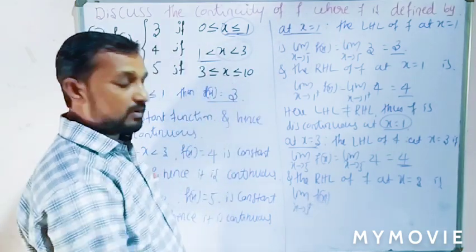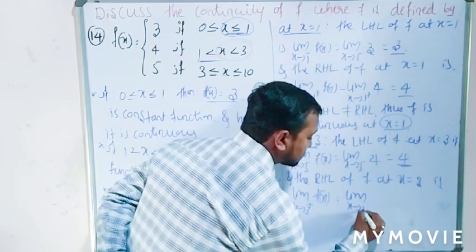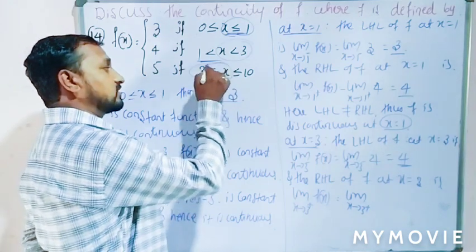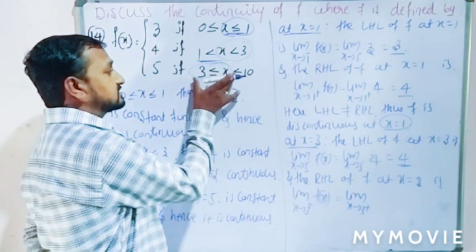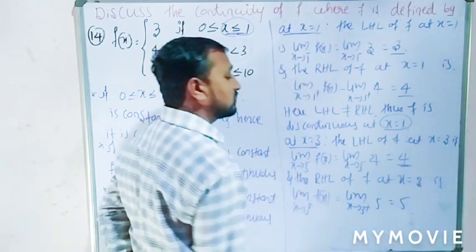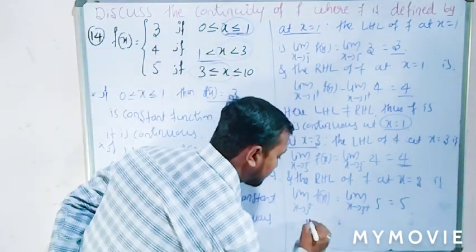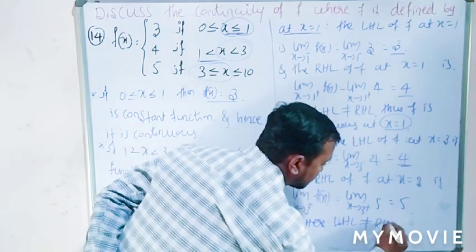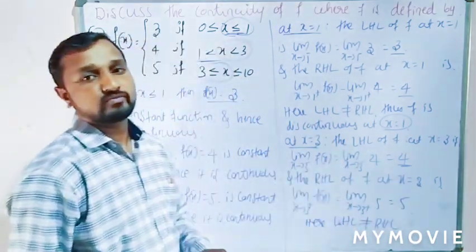What is its RHL? 3 is less than or equal to x, that is x is greater than or equal to 3, both are the same, so this is the RHL part. So that is equal to 5. Is that clear? Here also LHL is not equal to RHL. The LHL should be 4 and the RHL should be 5.